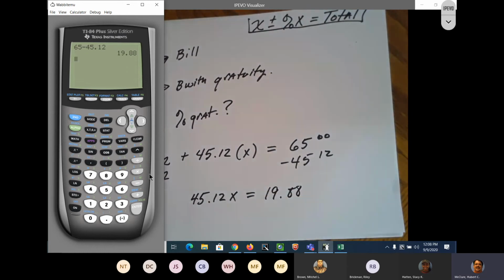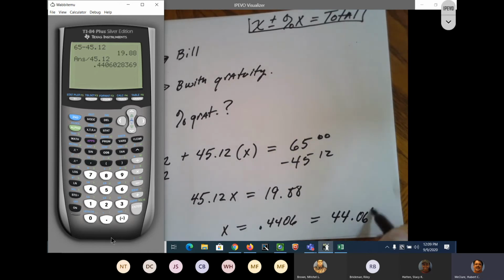Now divide by 45.12. That gives me 0.44, which is equal to 44.06% gratuity.